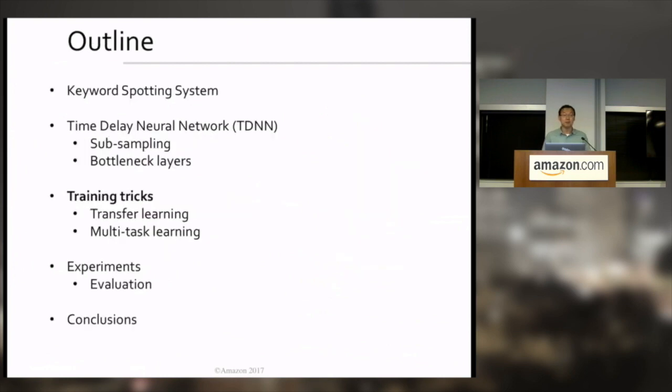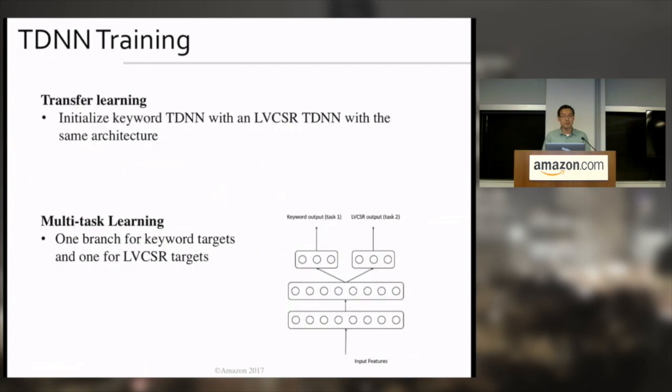In the next section, I will talk about the TDN training recipes. Here we use two techniques to improve the TDN training performance. The first one is called transfer learning. The idea is, instead of directly training this TDN with the eviCore output phones, for example, starting with the layer-wise pre-training, we first train the TDN with the same architecture but with ASR outputs.